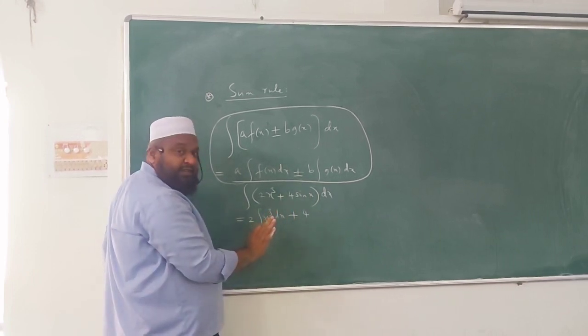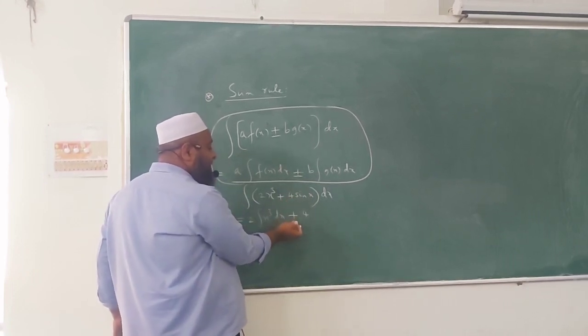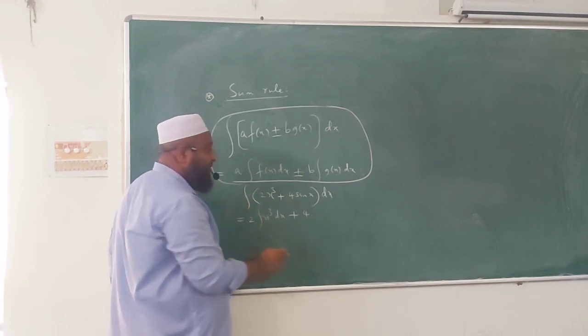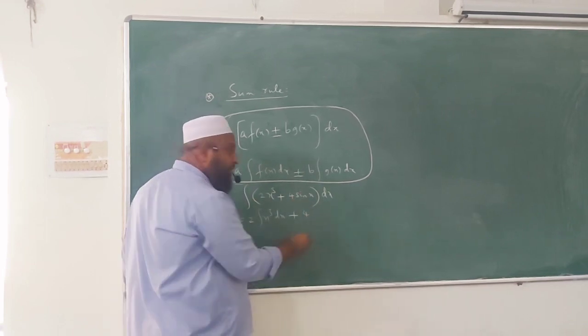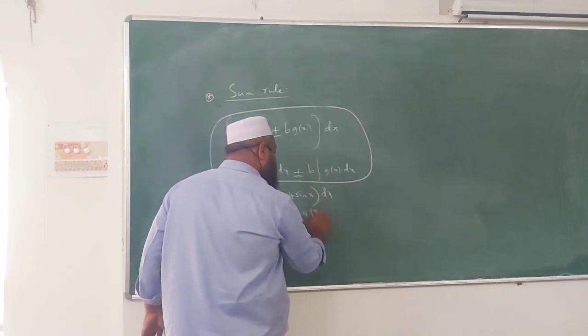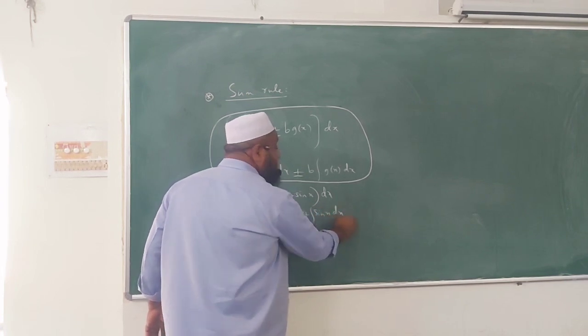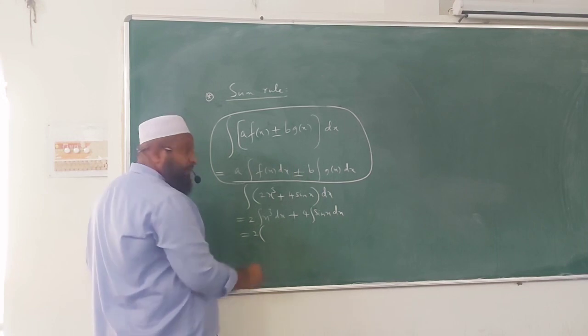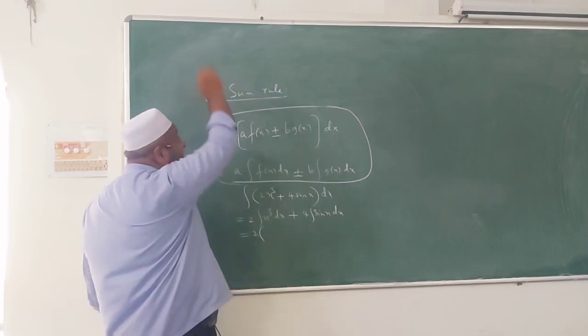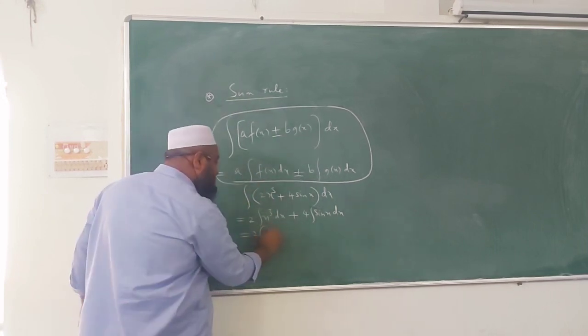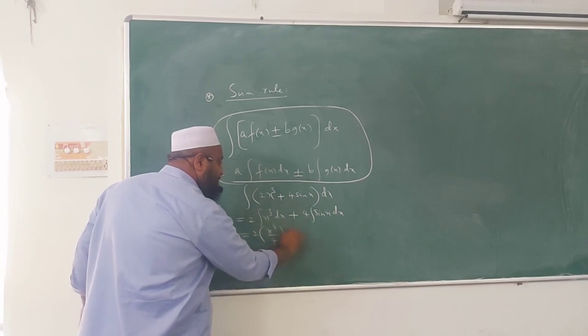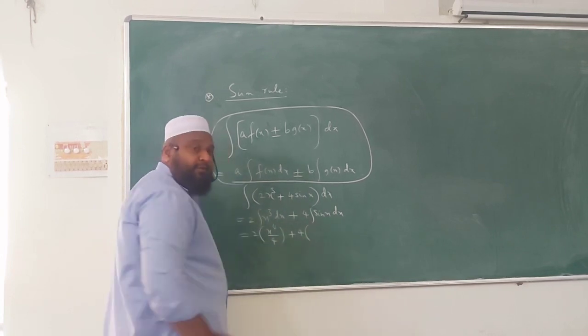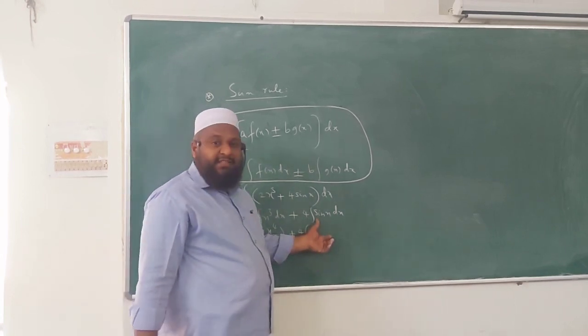So is the point clear? If a plus is there, plus will appear; if minus is there, minus will appear. That constant is out. Now I should write integral sin x dx. That's equal to 2 into, you know this from the list of formulas, x to the power of 4 by 4, plus 4 into, what is the integral of sin x?